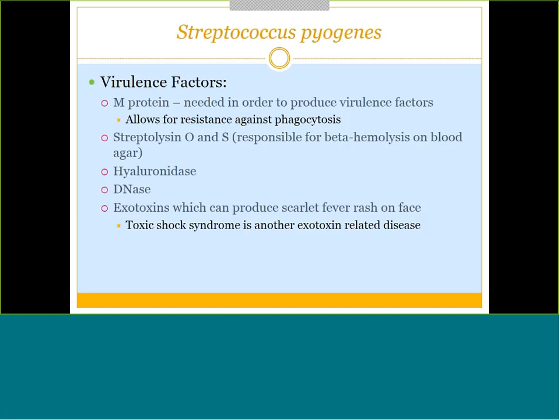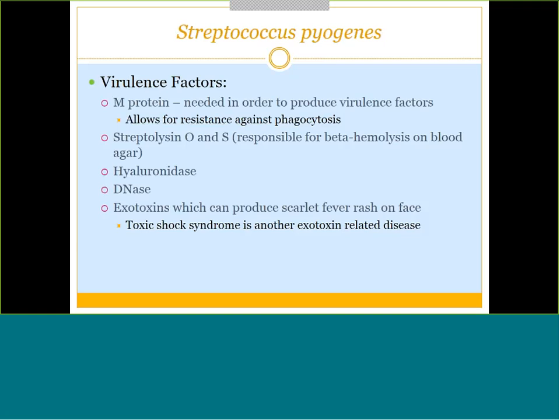In fact, there is a test in the lab called an Anti-Streptolysin O test, ASO for short. What that test does is it tests for the patient's antibodies against this Streptolysin O. So whenever we as a patient have Strep pyogenes, we can make antibodies against the Streptolysin O virulence factor to try to fight it off.